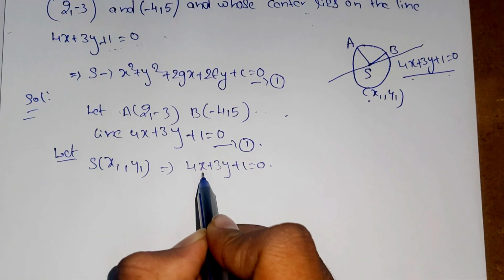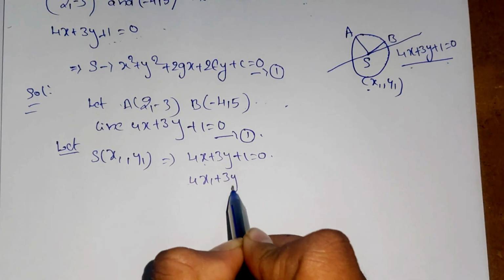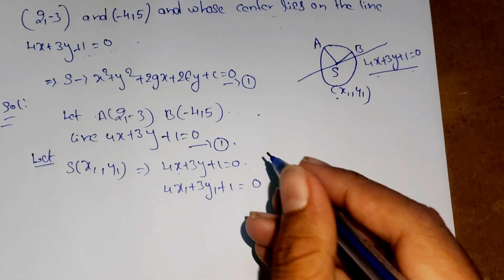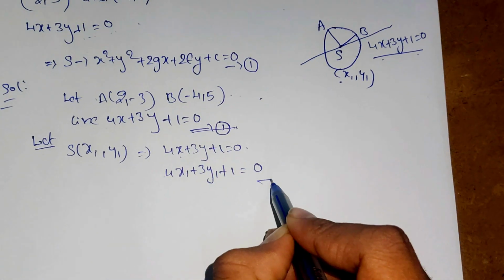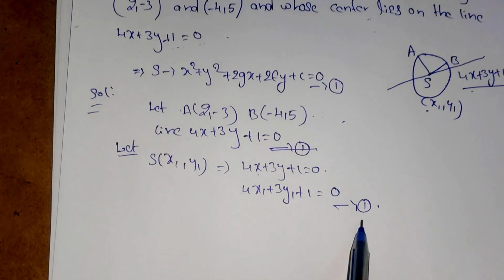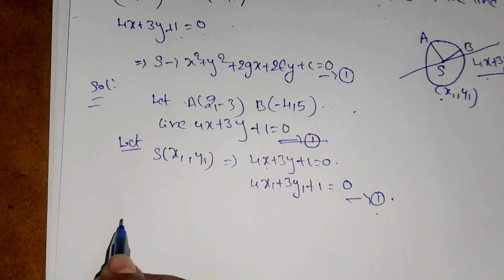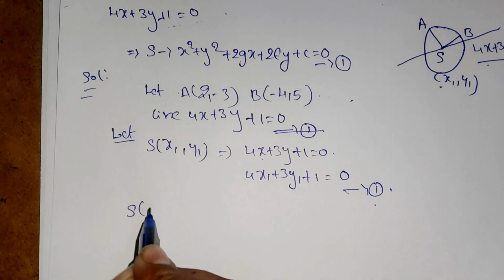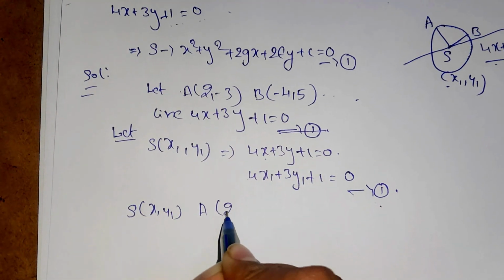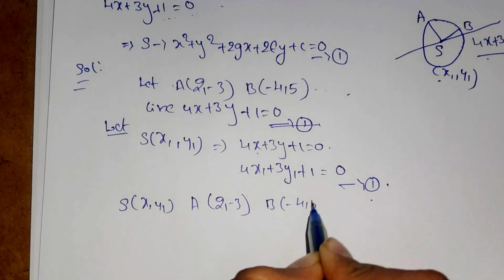In the place of x we replace x1: 4x1 + 3y1 + 1 = 0. So this is said to be equation number 1. This is the equation we get, and the given points are A (2, -3) and B (-4, 5).